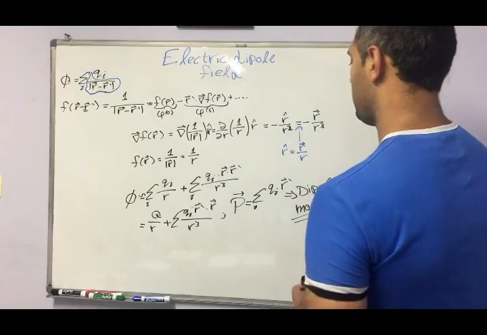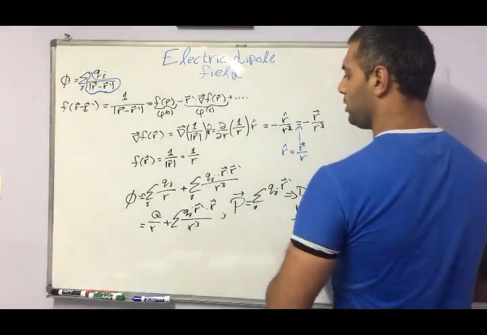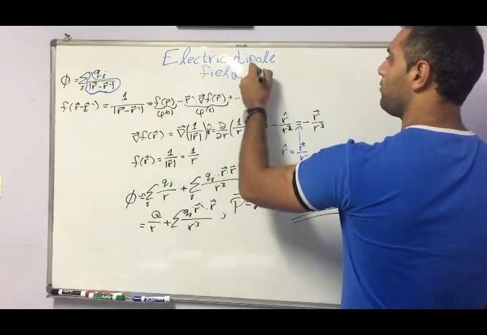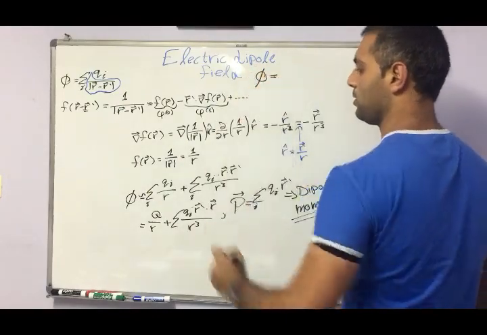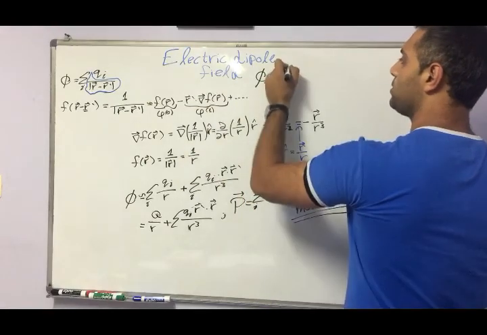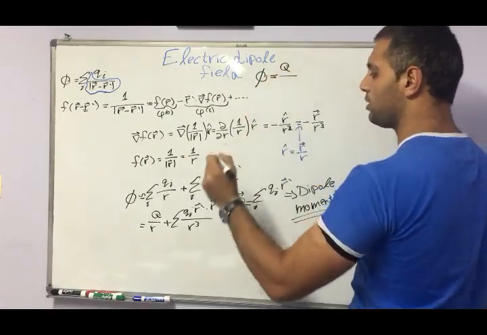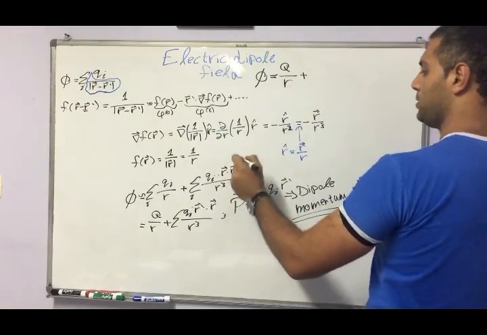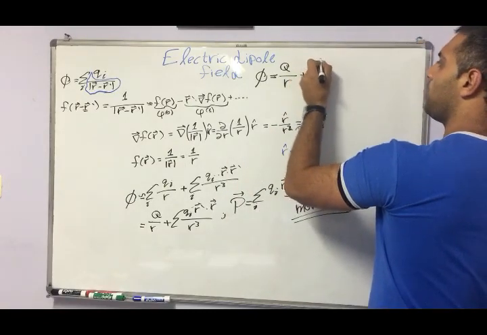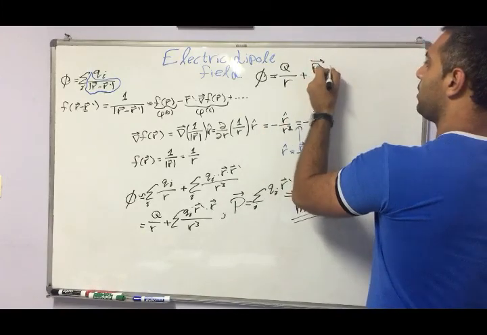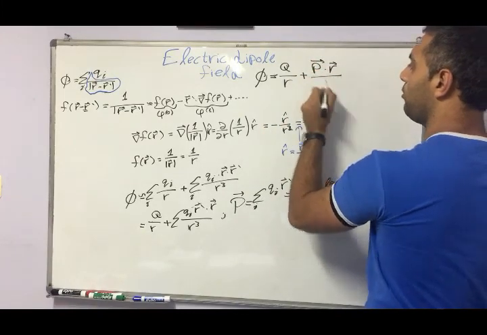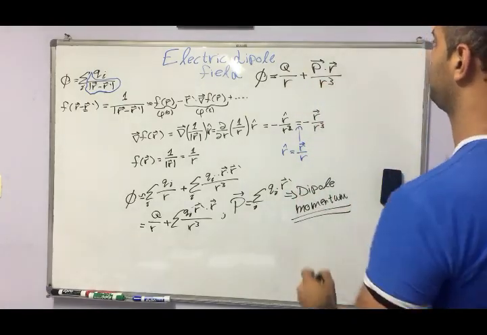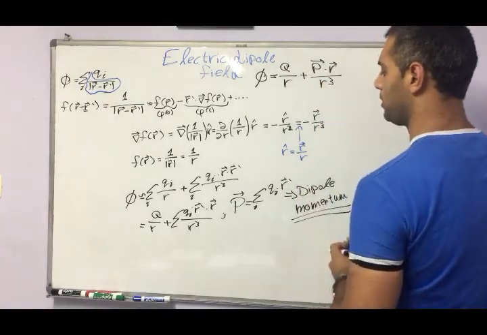Okay, I will write here the phi. It's equal to the total charge divided by r plus the dipole momentum dot r over r cubed.